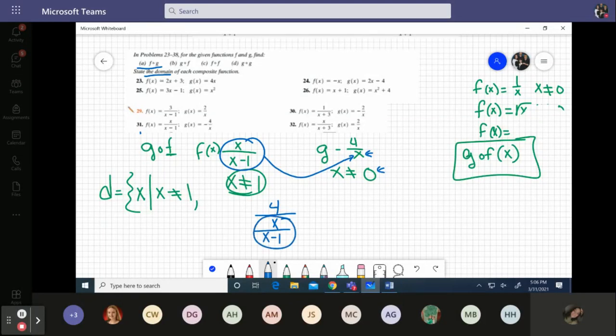Well, this x over x minus 1 cannot equal 0 because I can't have a 0 down there. So I'm going to have x over x minus 1 equals 0. Multiply both sides by that x minus 1, and I get left with x is equal to 0. So x cannot equal 0 is my final answer. Negative 1 and 0.